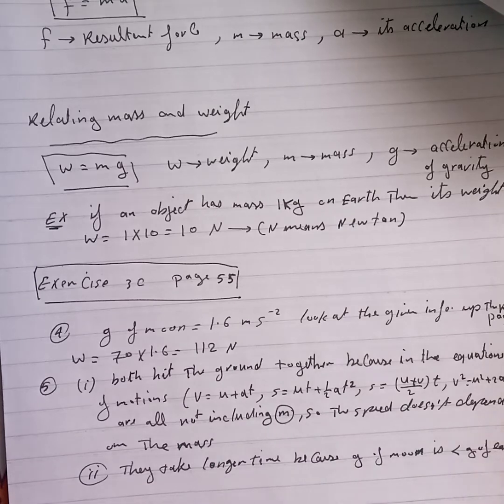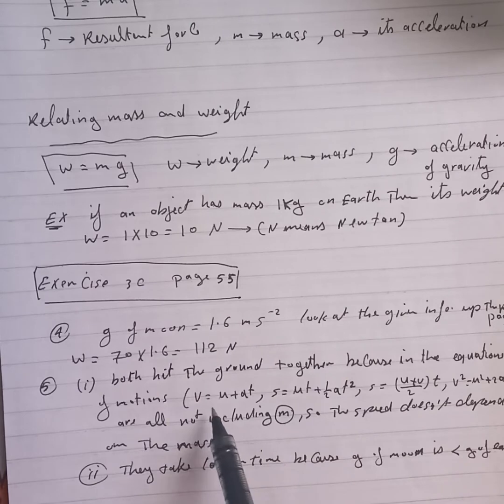In number 5, 2 balls of the same shape and size, but with masses of 1 kilogram and 3 kilograms, are dropped from the same height. Which hits the ground first? Both will hit the ground at the same time. Why? The answer is not written, but if you refer to the equations of motion, do you remember the 4 equations of motion, v equals u plus at and so on?